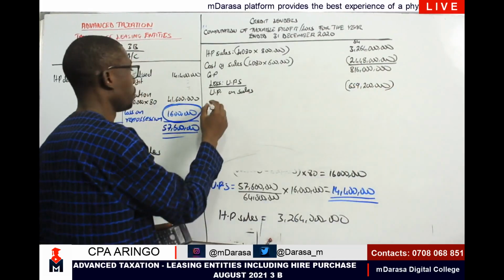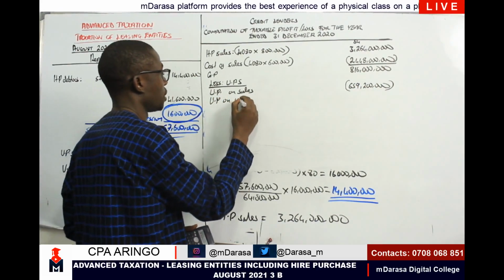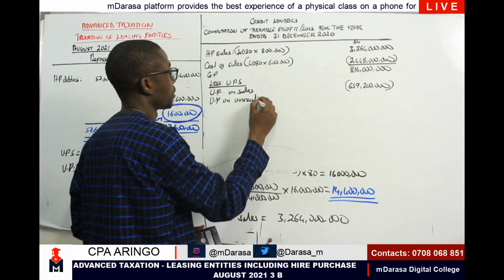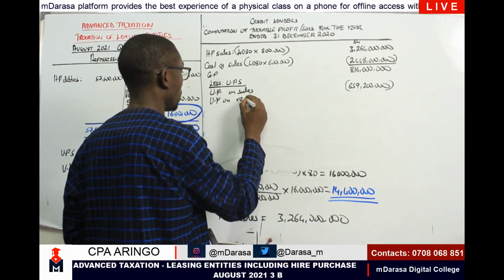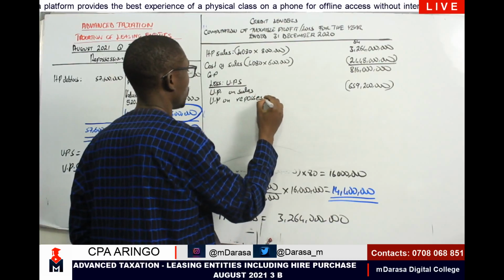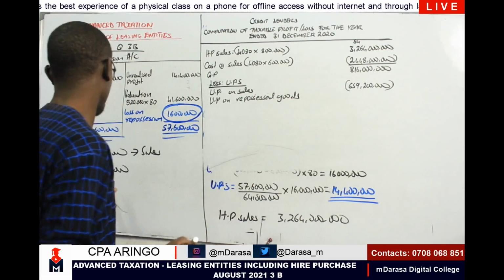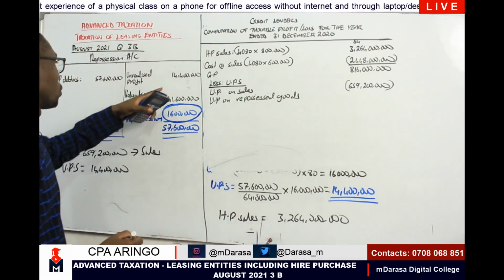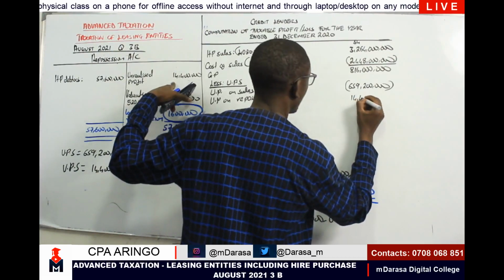Talk about UPS on repossessed goods, not on unrealized but on repossessed goods, sorry. In this case we had determined a figure of 14,400,000.